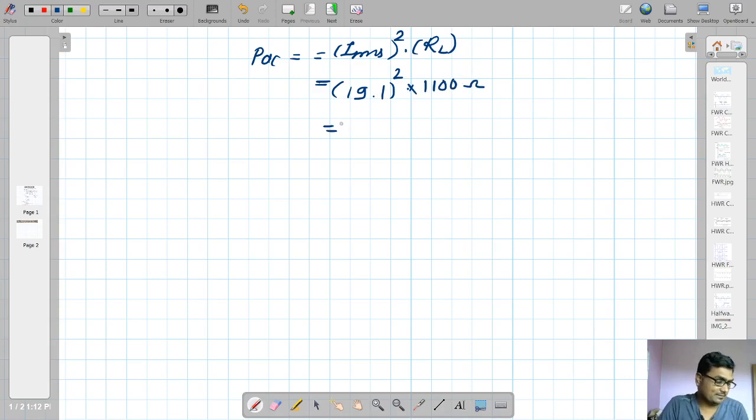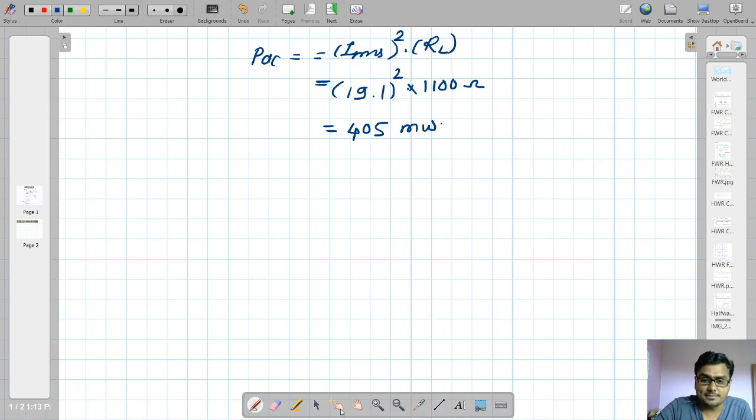Now this will be approximately 400 or 405 milliwatt. I'm writing approximate values. If your value is 404 point something, it is approximately 405, or if your value is 405.8, I'm writing an approximate value. You write your exact value, whatever you have calculated with your calculator, so no issue in that at all.